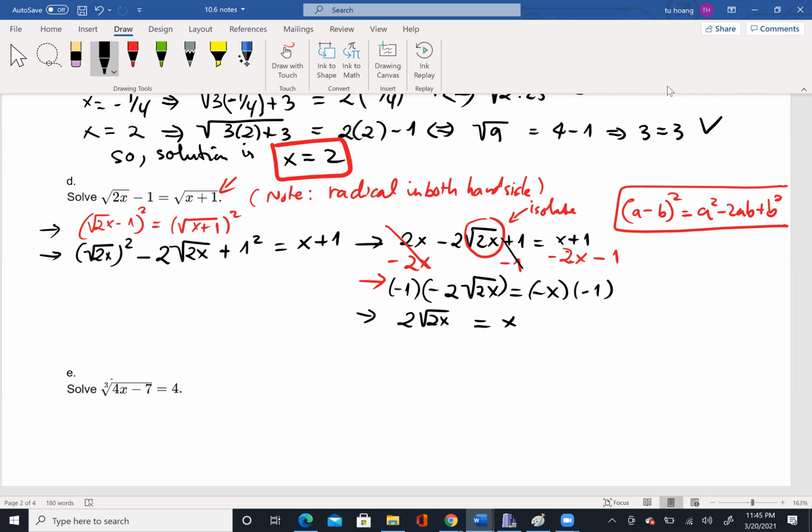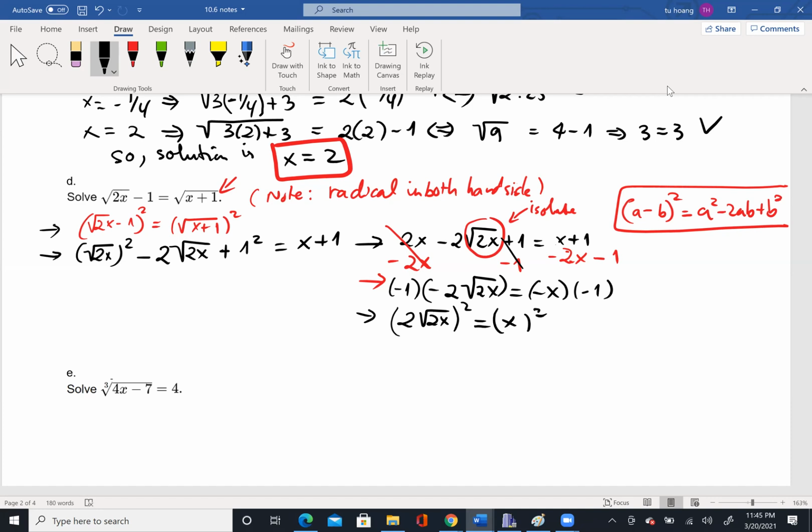But honestly, later on you will have to multiply by 2 back in order to not have a denominator. So I would like to just square both sides, and in this case you can still square the 2 over here, so that's okay. So let's square both sides.